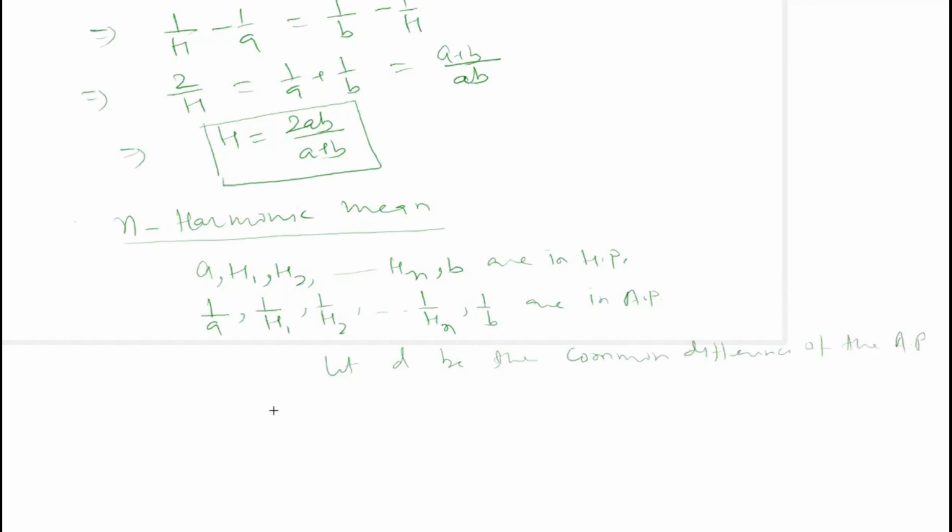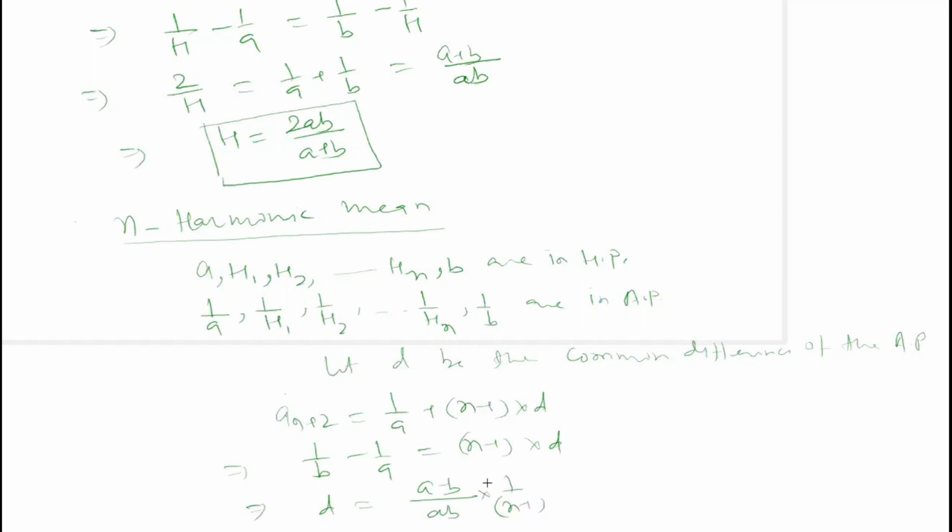Using this, I can say that the (n+2)th term, A n plus 2, is actually equal to 1 by A plus n minus 1 into D. What is my A n plus 2? A n plus 2 is 1 by B minus 1 by A. I'm just doing this n minus 1 into D. So what is going to be my D? D is going to be A minus B upon AB into 1 by n minus 1.